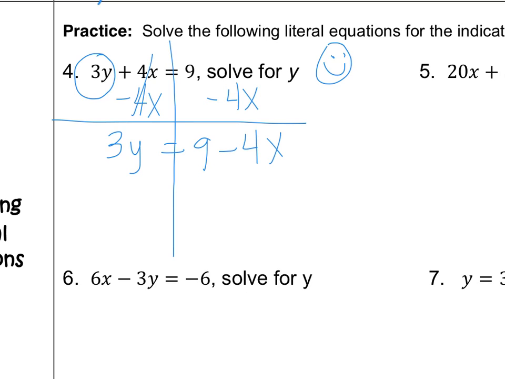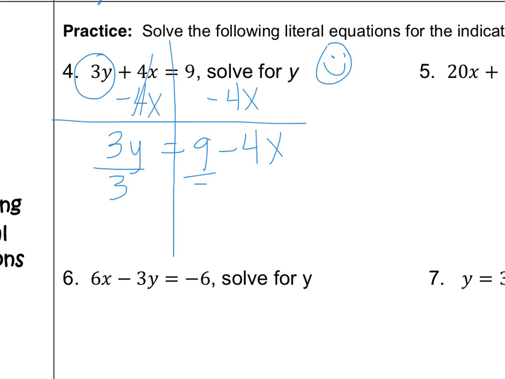Okay, so we did the move, move, move. Now we need to divide, divide, divide. When we're solving for y, I like to go ahead and have you divide each and every term. This is just to help us as we move on in algebra. On other literal equations, when we're working on formulas, a lot of times we'll just leave it as one big division.